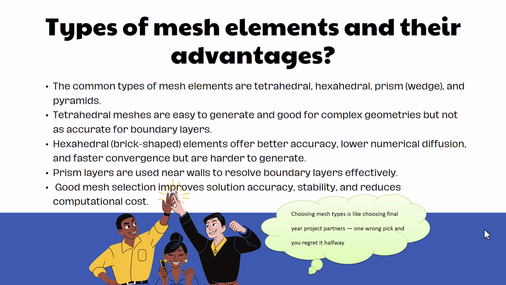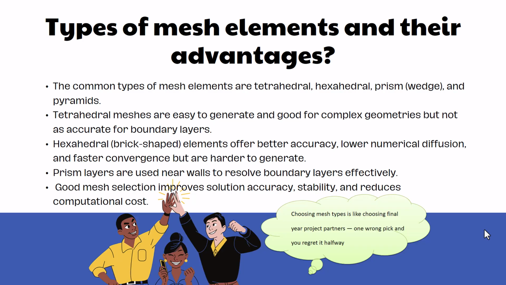But the hexahedral mesh, which is a brick shaped mesh, is a more accurate mesh. It provides lower numerical diffusion and faster convergence, but it is hard to generate because our everyday objects are not perfectly brick shaped. Hence it is always preferred to have a mix of hexahedral and tetrahedral.